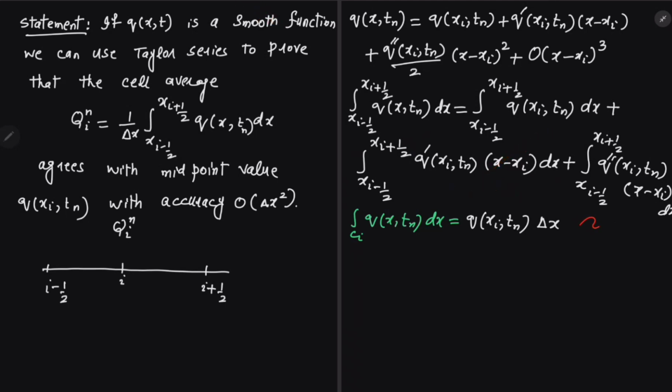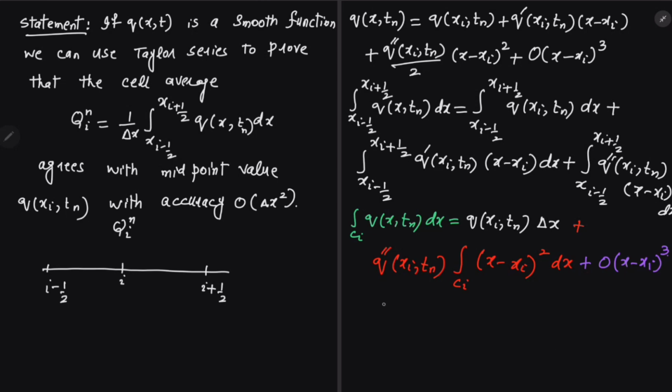Next is the leftover term, so we solve this as well: Q double dash at xi, Tn, times (x minus xi) whole square dx, plus order of (x minus xi) whole cube.